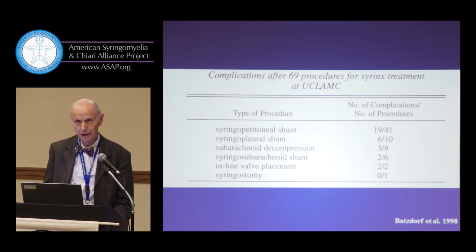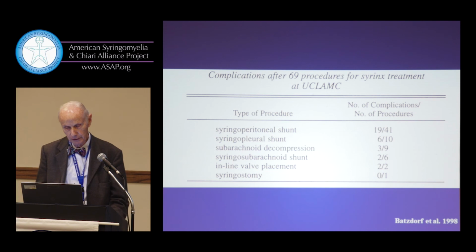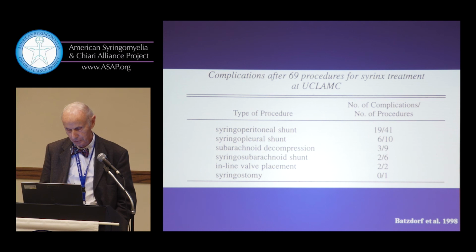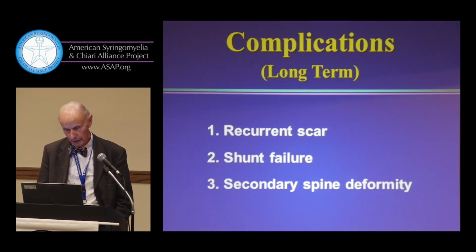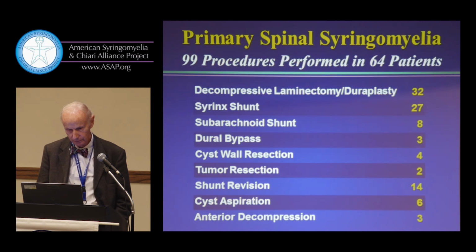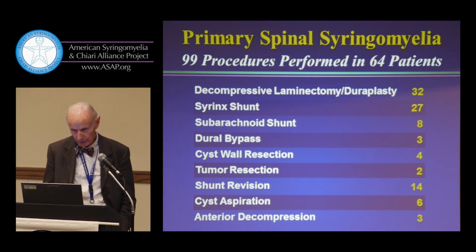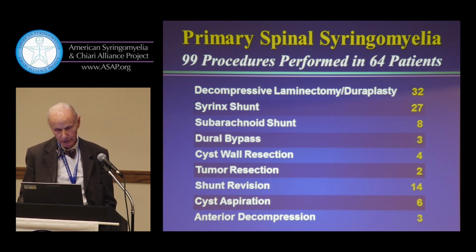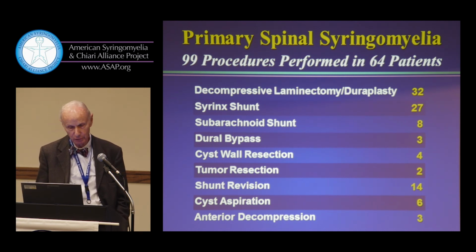Complications can occur with any type of shunt, whether it be into the peritoneal cavity, into the chest, into the subarachnoid space, wherever. And recurrent scar, shunt failure, and spine deformity can all recur as long-term complications. We performed many repeat operations, 99 procedures in 64 patients that we had treated at that time.